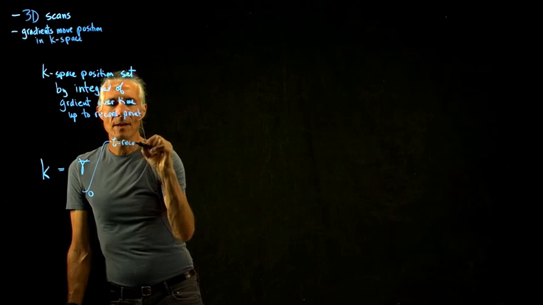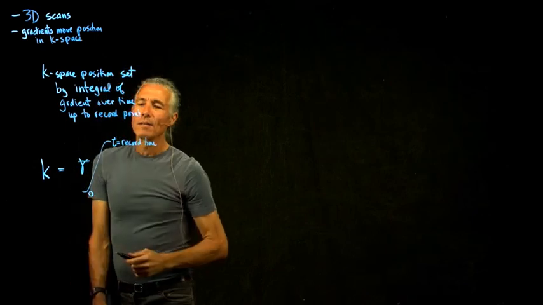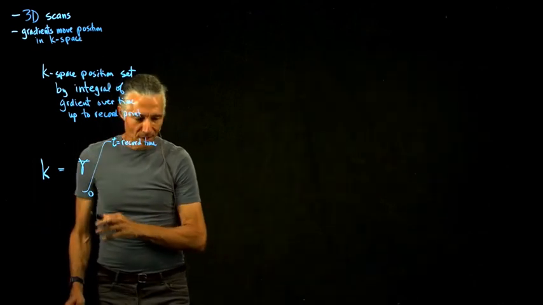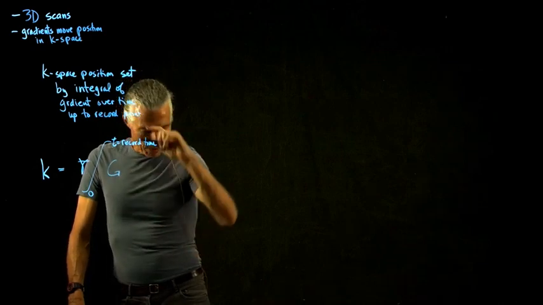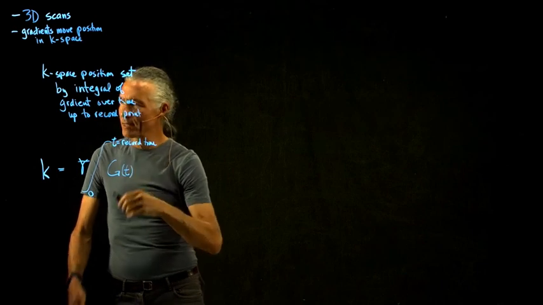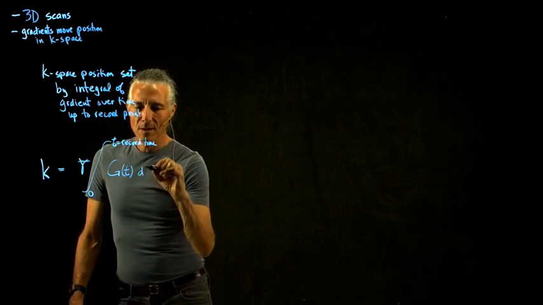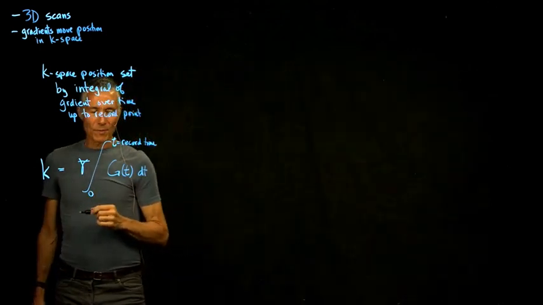So this is record time. I'll give some examples of this. We didn't say what time 0 was yet, but we will. It's the integral, or area under the curve, of whatever the gradient was at a particular time, because the gradient can go up and down, summed across all time.